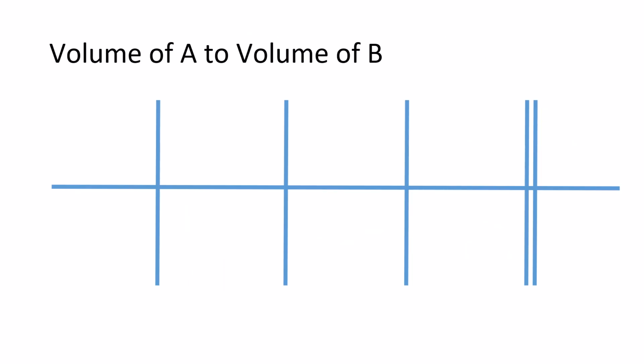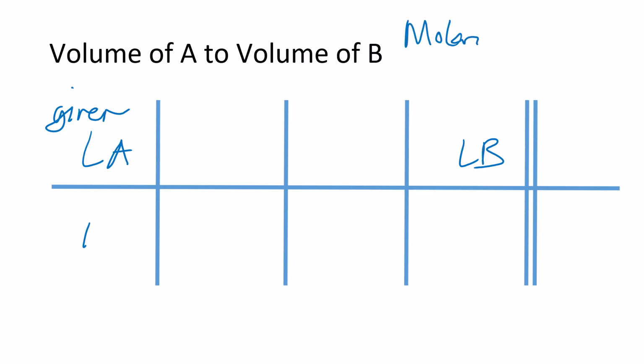If you're converting from volume of A to volume of B, so you're going to have liters of A to liters of B. This will be your given, and your unknown is another volume. So you're going to be given 2 molarities to work with. And so the setup, I'll run through the setup, and then when we go over the specific examples, you can see it there.